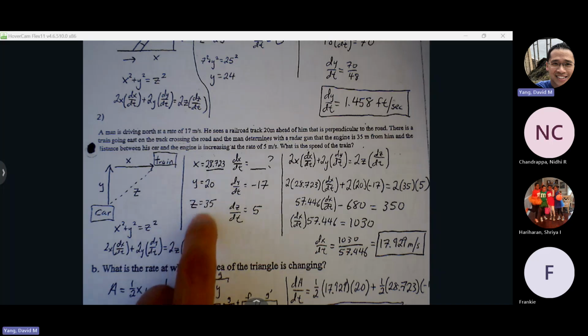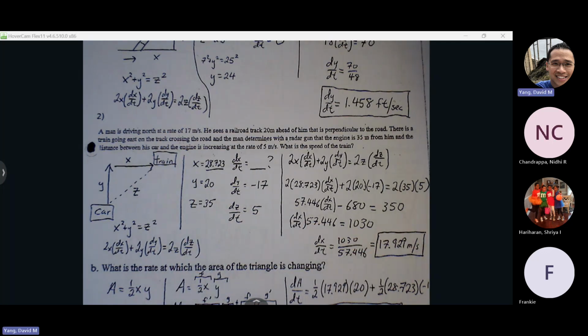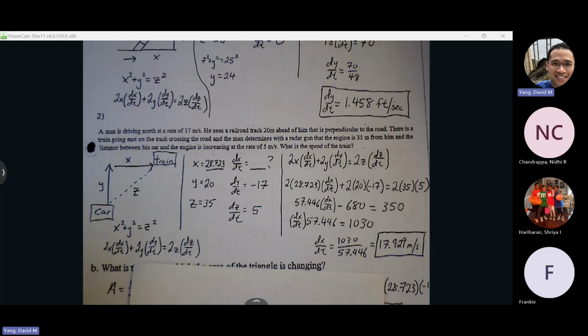And the rest should be pretty straightforward. If you have two sides of a right triangle, Pythagorean theorem can help you find that third side. And the rest we can just plug in. Let me know if you have any questions about any parts of the setup for number 2.